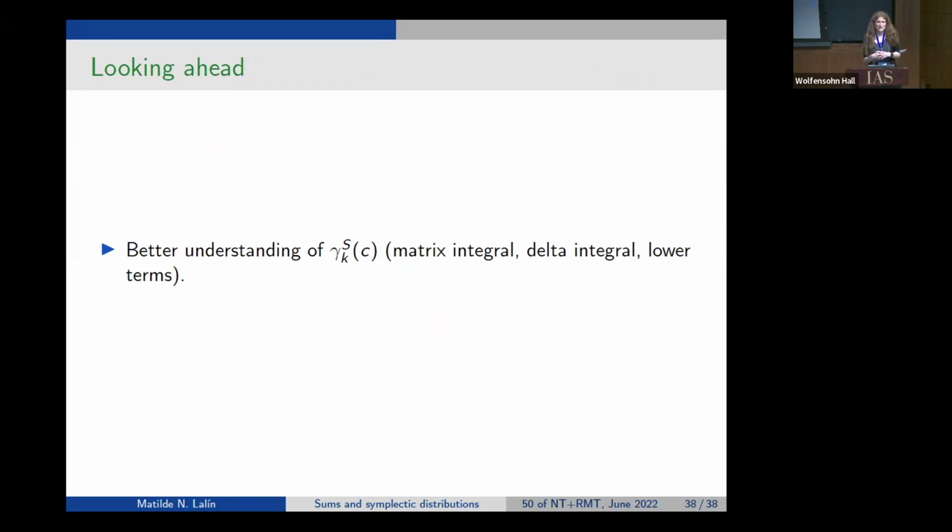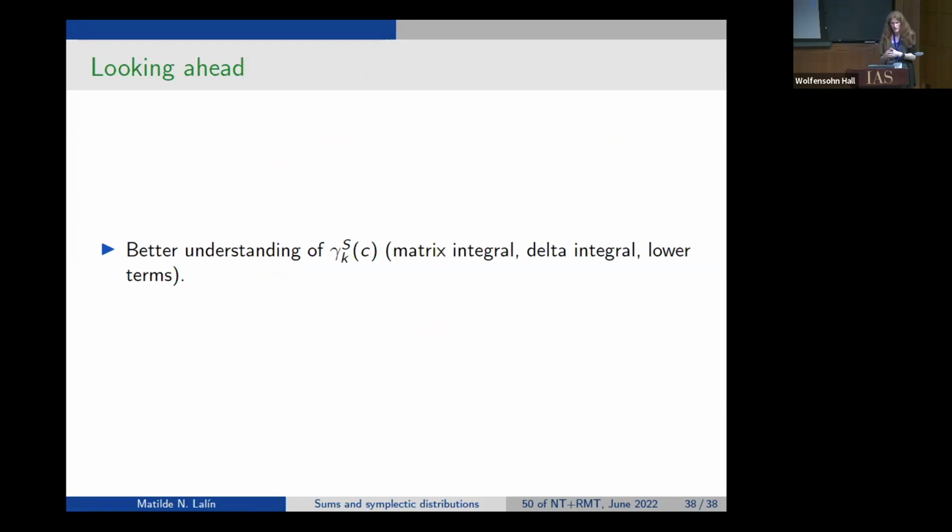So as current and future plans, short and long term, we want to have a better understanding of this gamma kc in the symplectic case. Some things missing from this picture have to do with the matrix integral. There is this integral that I gave you at the very beginning of gamma kc using the delta distribution. We don't have anything nice like that.